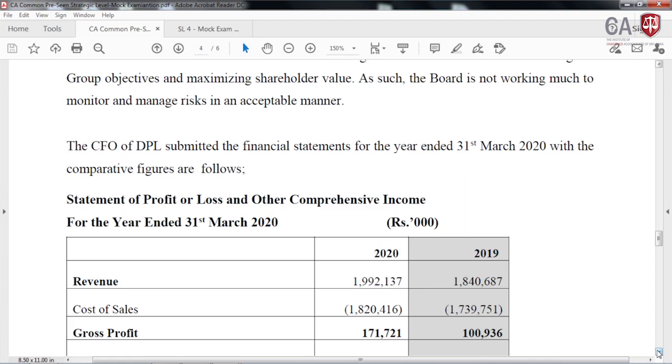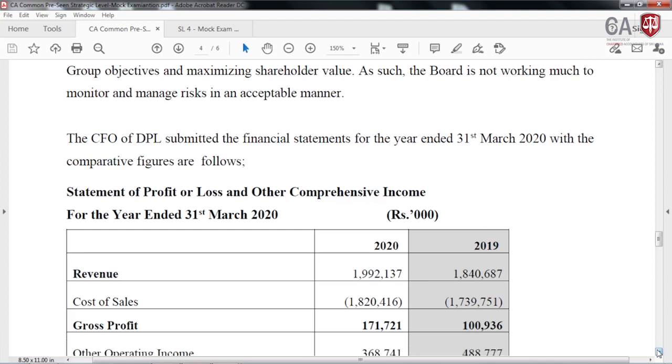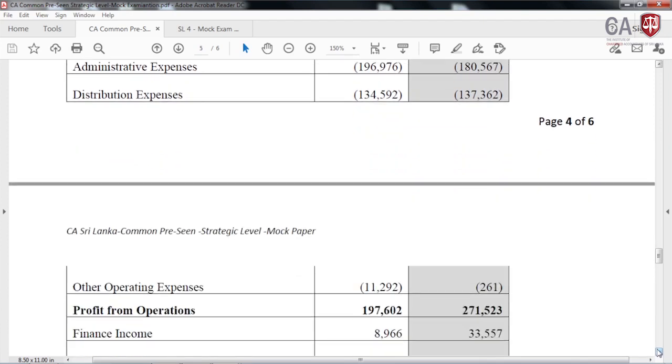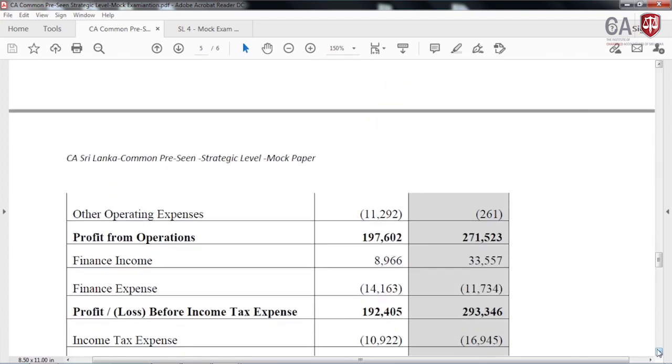So, 2020 has higher gross profit. Other operating income has been reduced. Administration expenses have increased, distribution expenses have decreased, other operating expenses have increased, profit from operations has been reduced.